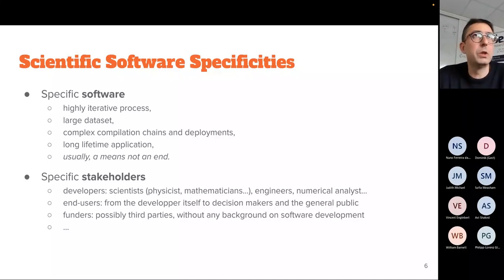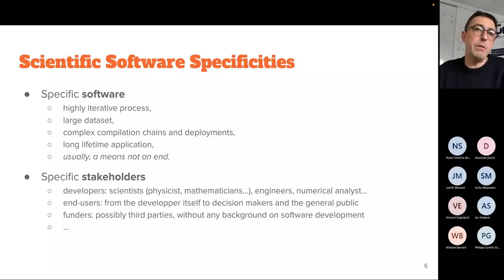Regarding the specificities of the software itself, most of the time, due to the discretization, it's at the end of the day a very highly iterative process. What I mean by this is that most of the time the discretization comes up with a very big matrix, and then we need to iterate on this matrix for doing some computation. So it's super highly iterative, iterative on very large matrices.